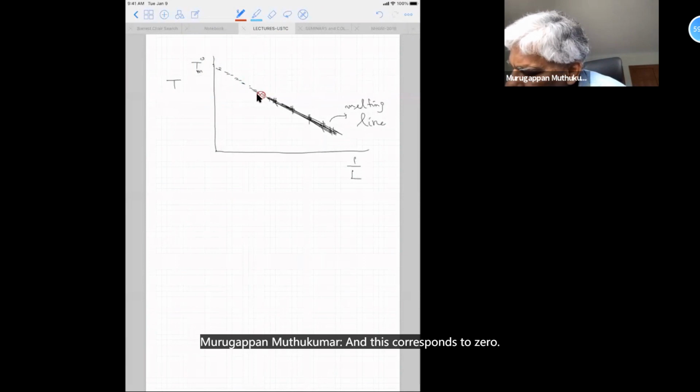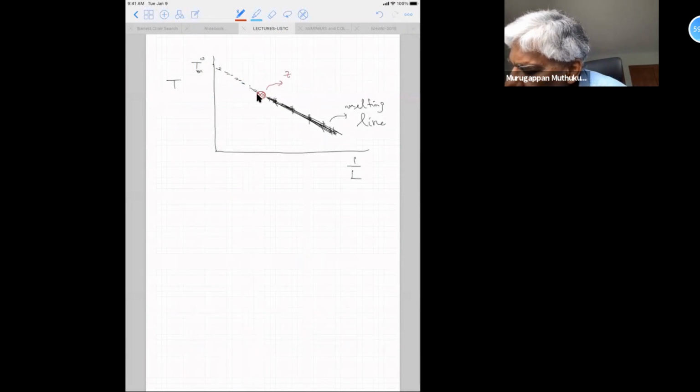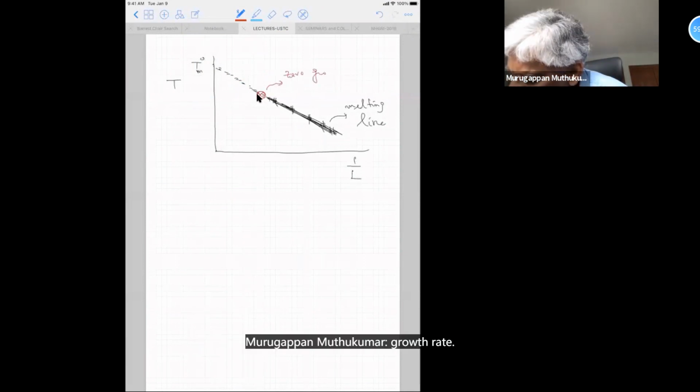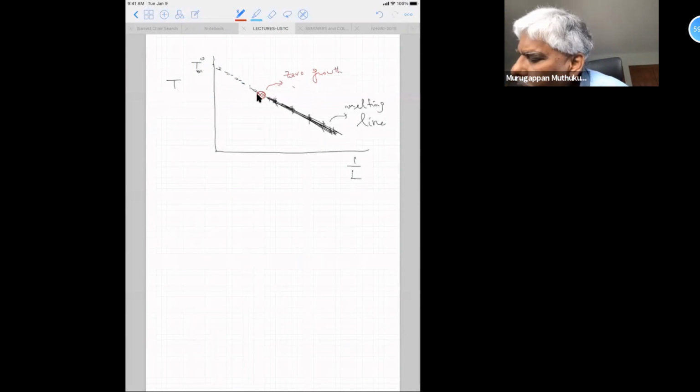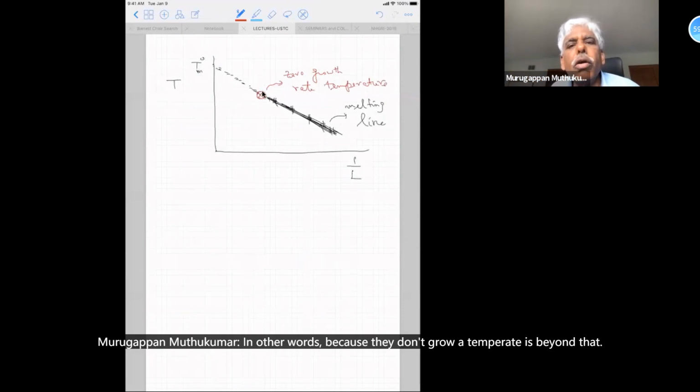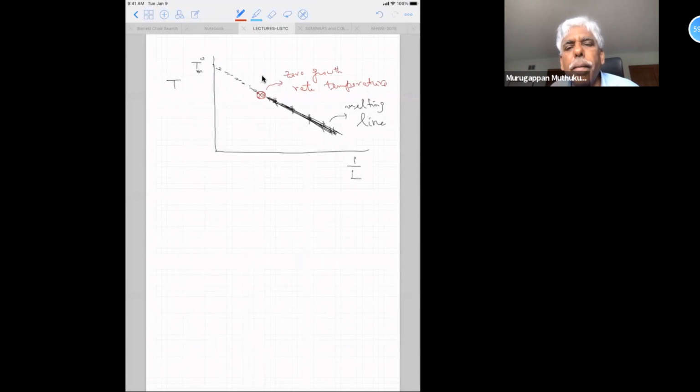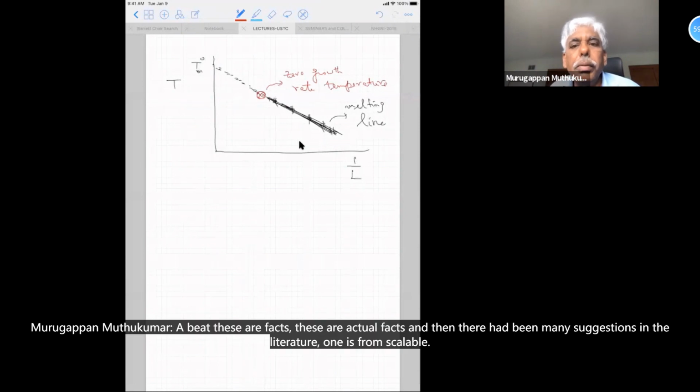And this corresponds to zero growth rate. In other words, crystals don't grow at temperatures beyond that. At temperatures above this, they don't grow. But these are facts. These are experimental facts.